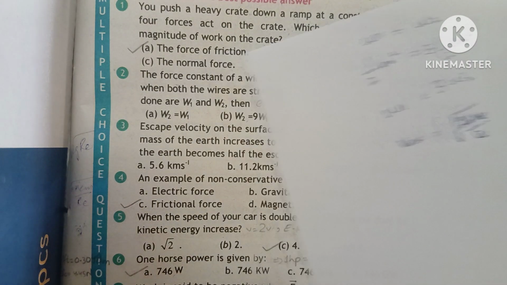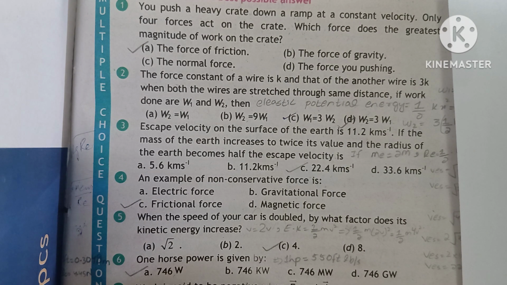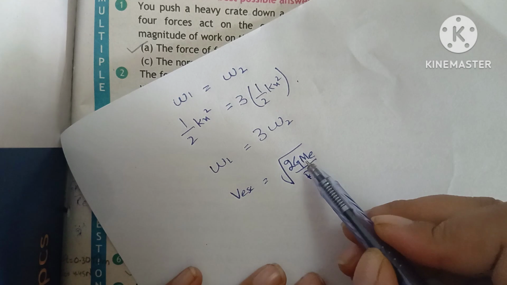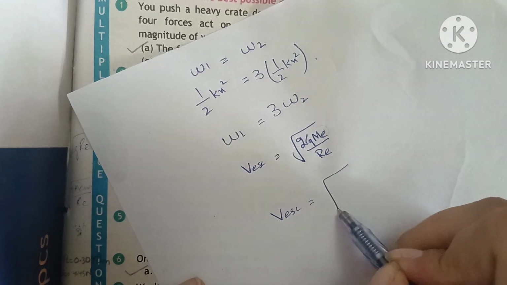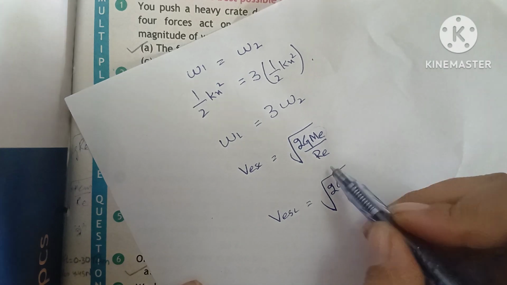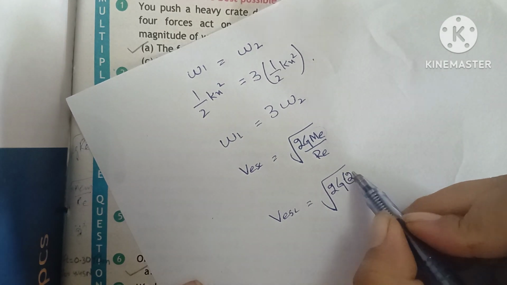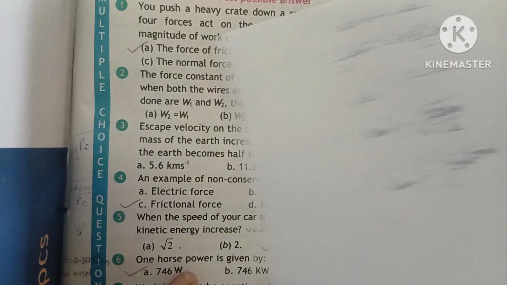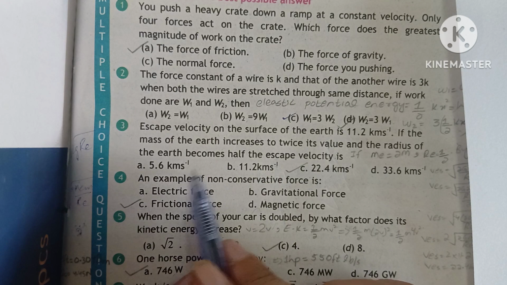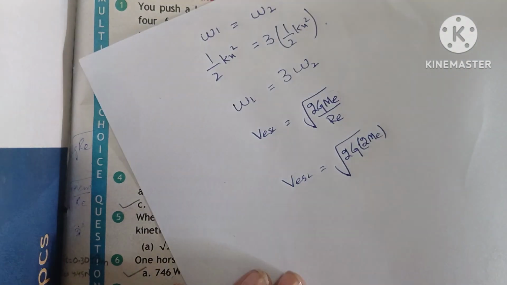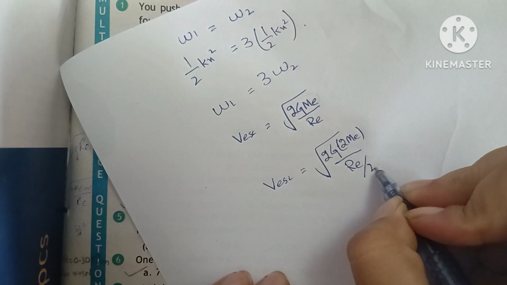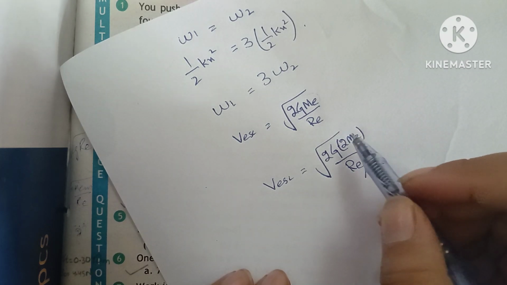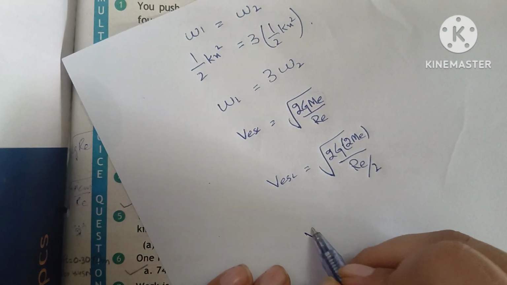And the condition they are giving us is that the mass of Earth increases to twice, so we will use 2Me, and the radius of Earth becomes half, so we will use Re by 2. Then what will be the value of escape velocity?